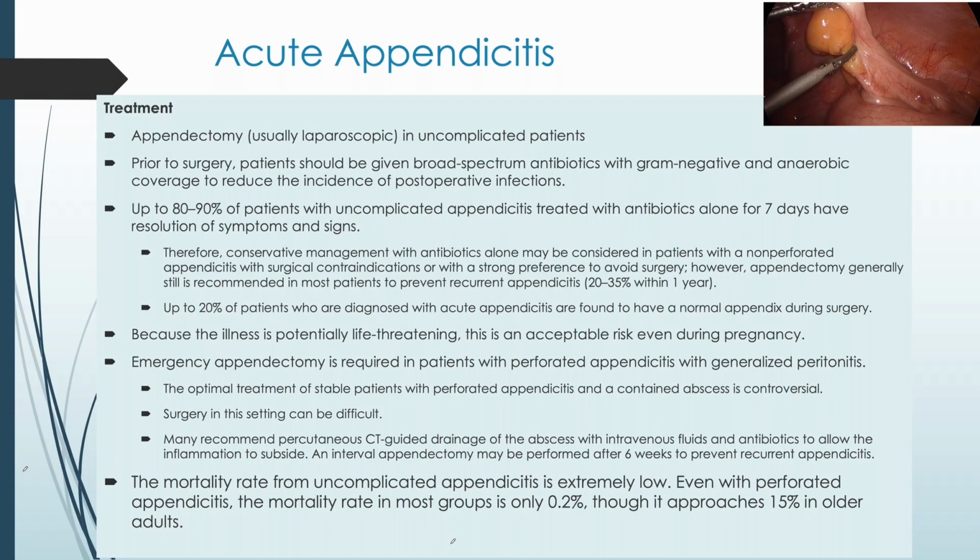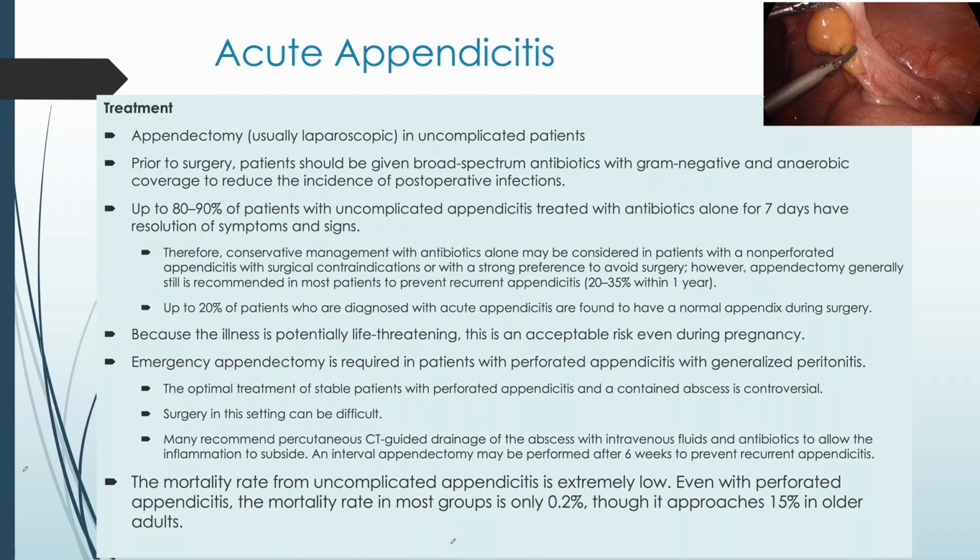Mortality rate is actually pretty low. Even with the perforated appendix, mortality rate is less than 1%. However, it is a high point of litigation. Missed appendicitis is a point of litigation.